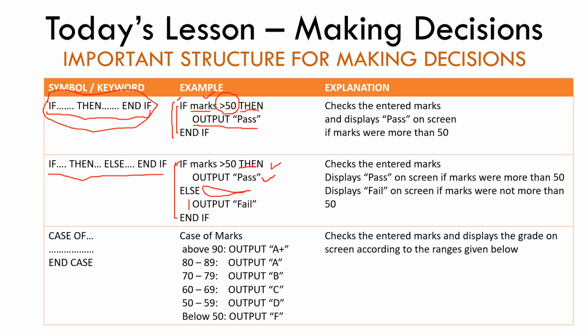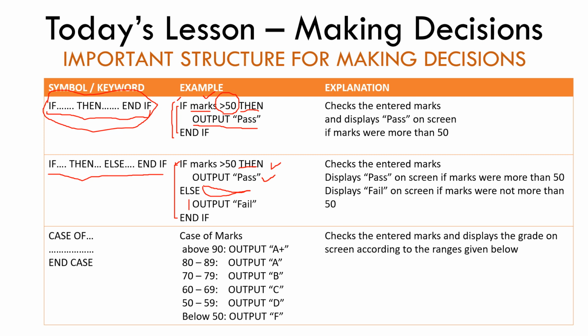There is also a possibility that based on your marks, you might have to make more than one decision, more than one selection. For example, we get our grades based on our marks. If someone scores marks more than 90, we give them an A plus or A star.